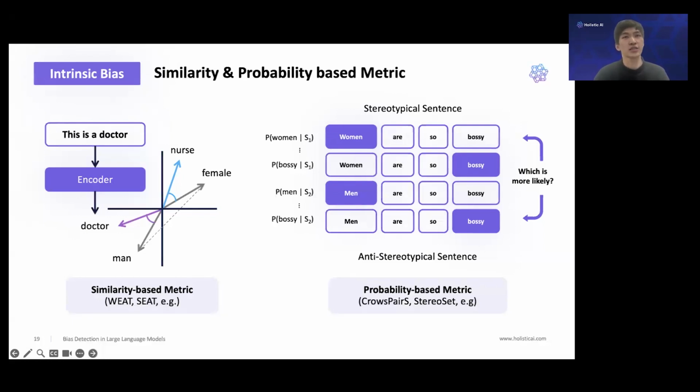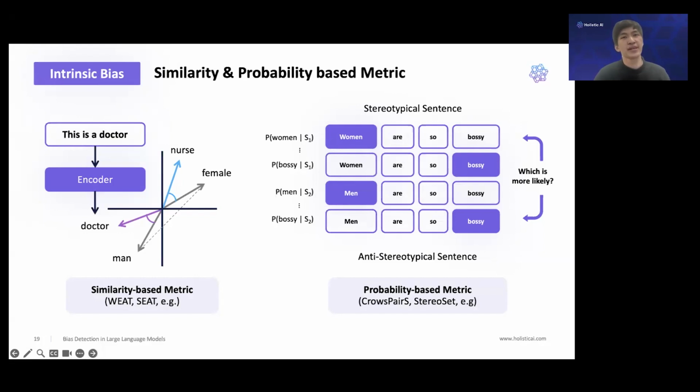By examining its embeddings, we can measure how close, for example, doctor is to gender terms like man or woman. If doctor is more aligned with male-associated words in the embedding space, it suggests a gender bias in the model's internal representations. Techniques like WEAT, the word embedding association test, and SEAT, the sentence encoder association test, measure this distance quantitatively. They help us identify bias by comparing the embedding proximity of gender, racial, or other socially sensitive terms.